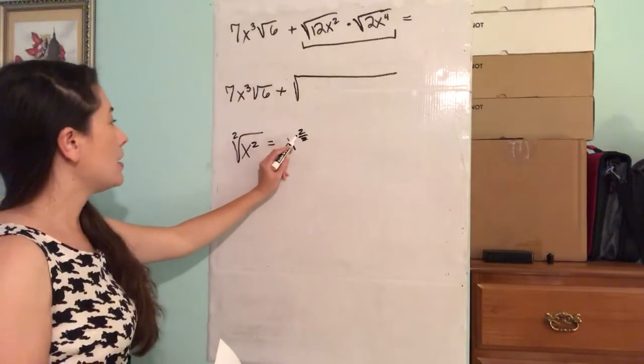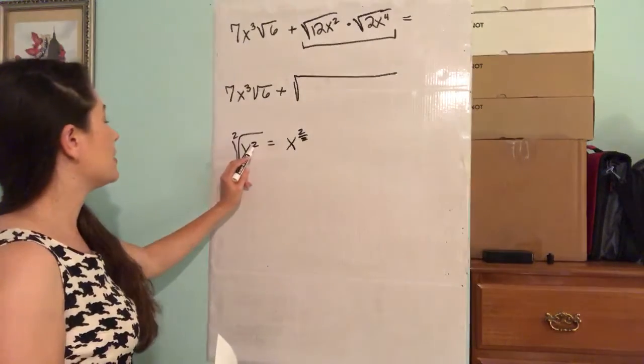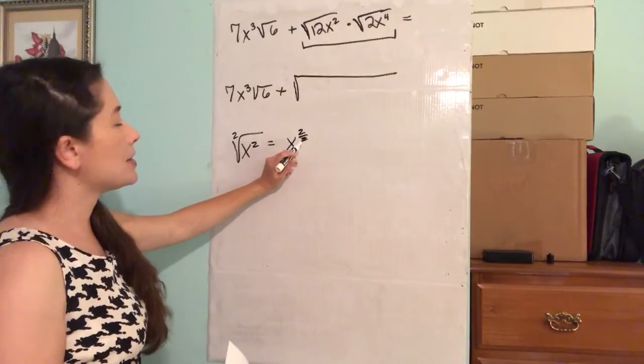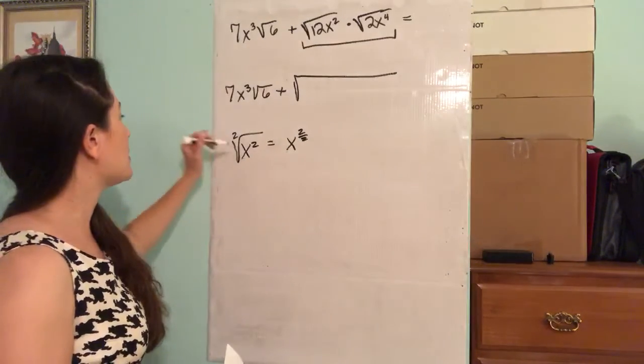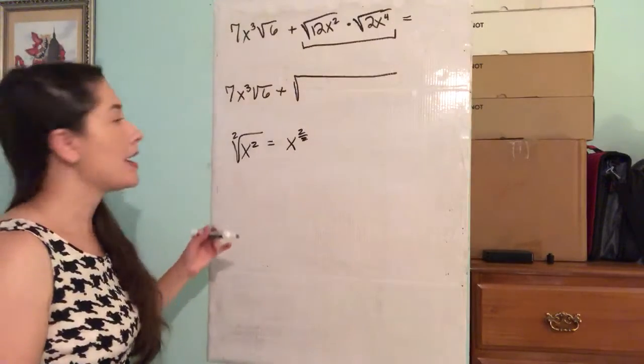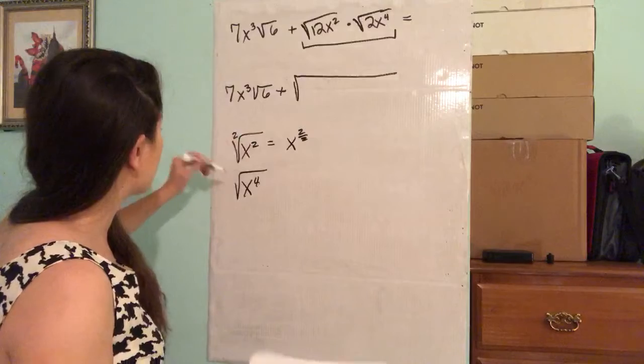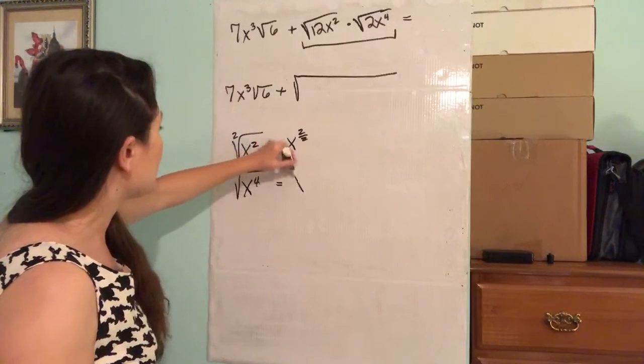The 2 in the numerator corresponds to the square, okay? And this 2 in the denominator is corresponding to the square root, okay? Same thing for x to the fourth power underneath the radical. This is equivalent to x to the 4 over 2.